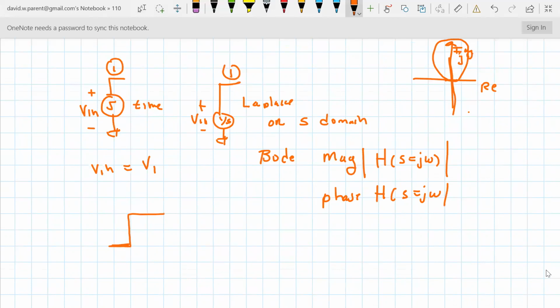For the output, I believe. Okay. You know, u of t is, for t greater than or equal to 0, it equals 1, else 0. But that can be scaled, all right?